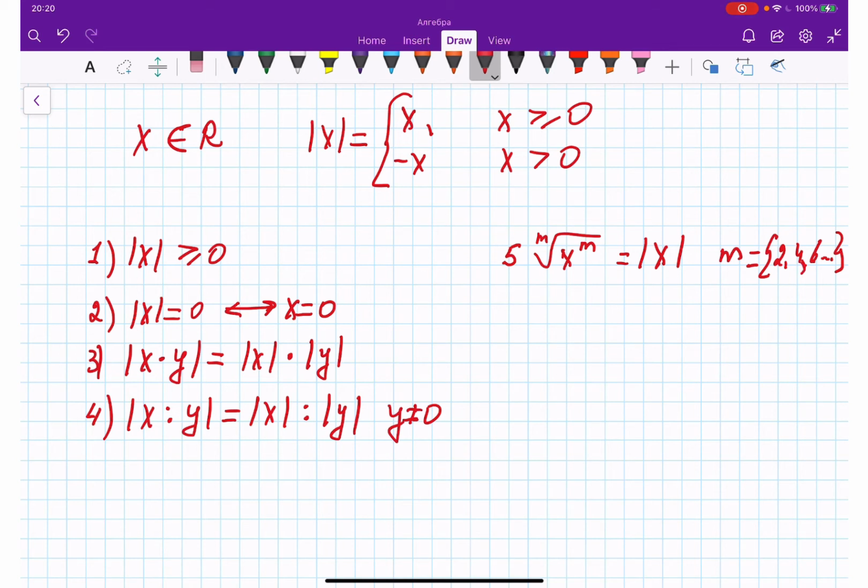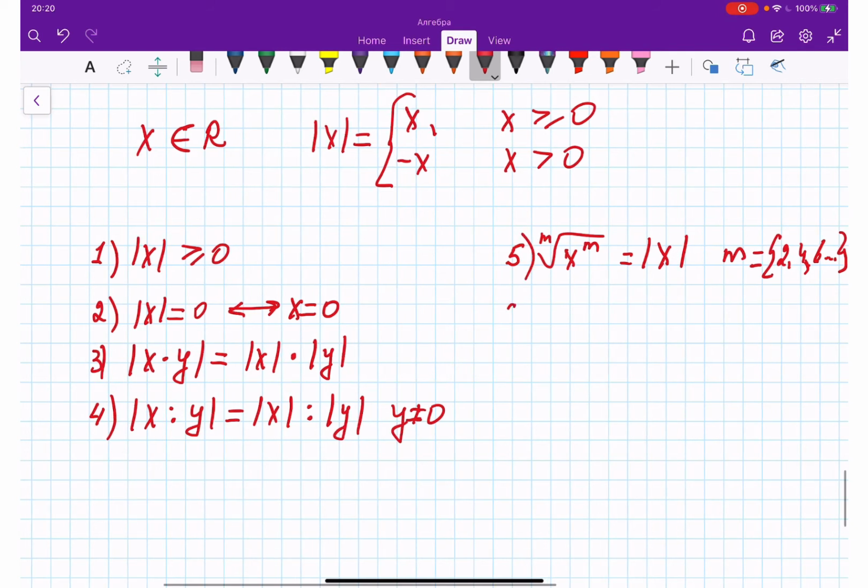Why does it have to be even? Because plus or minus x, if you square it, is going to be positive.